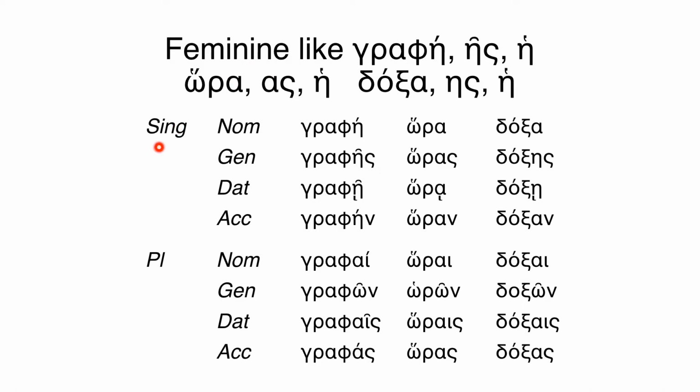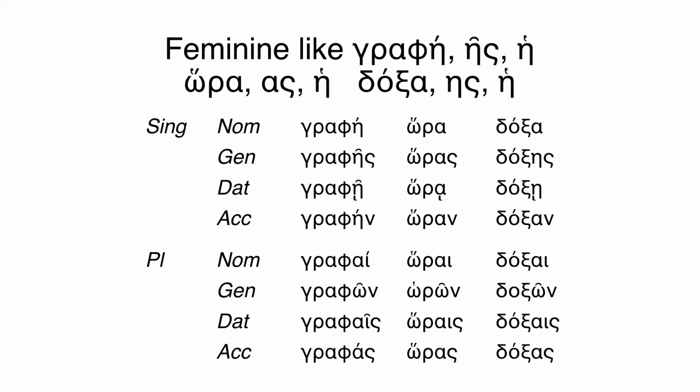The feminine singular dative form is grafe with an eta, and notice the iota subscript. Again, the iota subscript is indicating the dative singular ending. Then we have the feminine singular accusative form, which is grafen, eta, nu for the accusative.